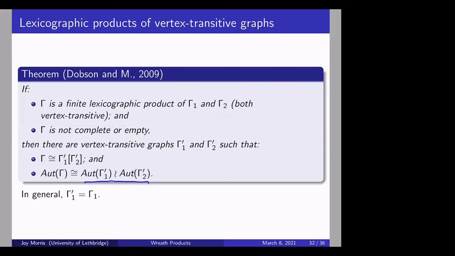And in fact, it turns out that when you have to make a different choice, it's because gamma 1 looked like something like gamma 3 wreath K_M, say, and gamma 2 is K wreath gamma 4, something like that.